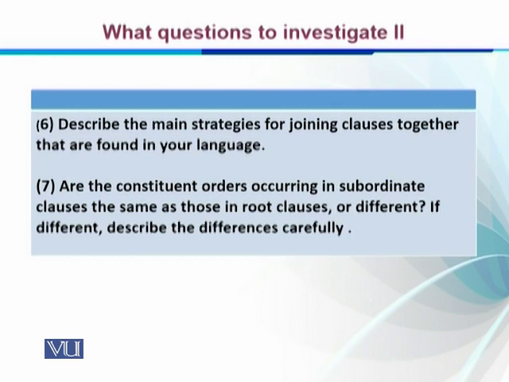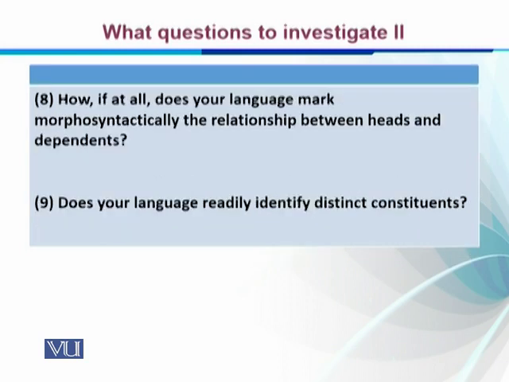So this is one of the important aspects. Do the subordinate clauses have the same word order as the superordinate clause, or do they have a different word order? How, if at all, does your language mark morphosyntactically the relationship between heads and dependents?